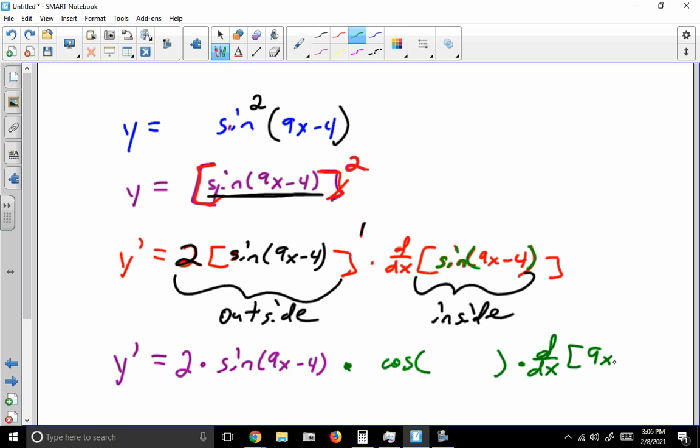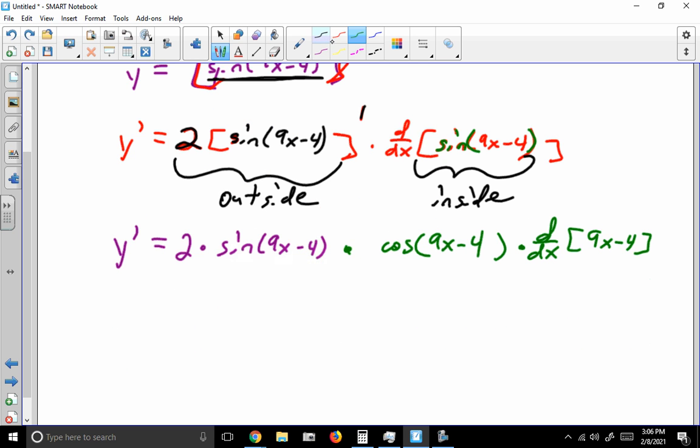What's inside there is 9x minus 4. And what goes here? The inside function stays inside there. So this part is the derivative of this outside, and this is the derivative of the inside of that. Well, what is the derivative of 9x minus 4? That's just 9. Copy everything else down.